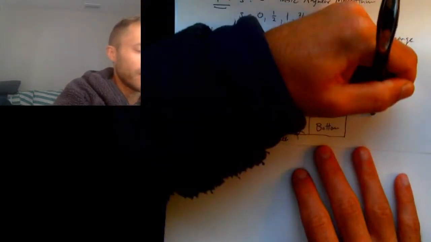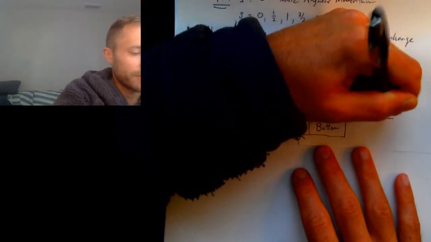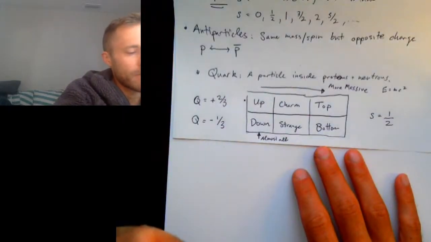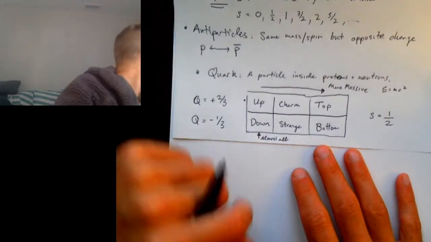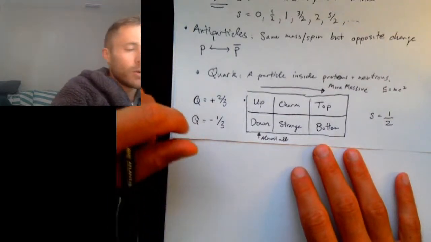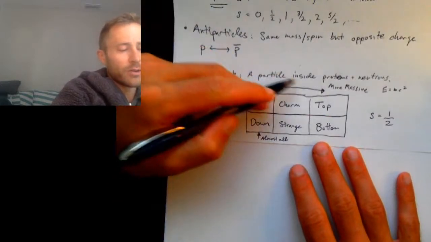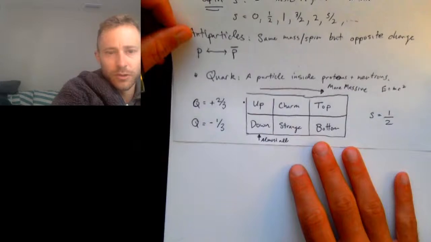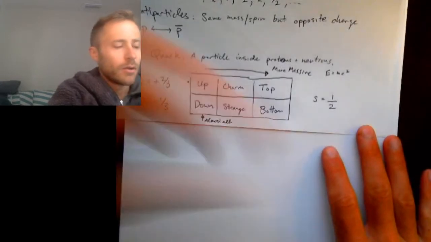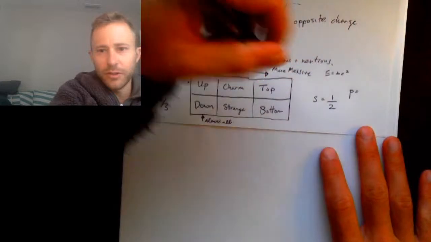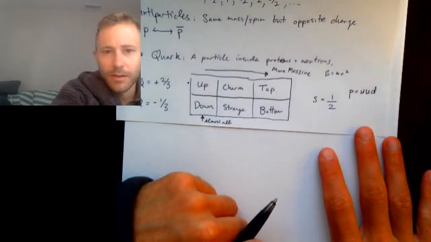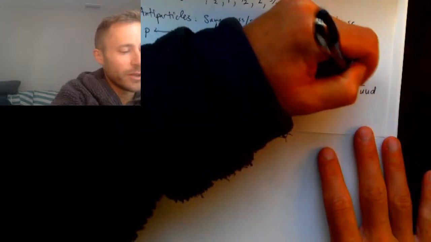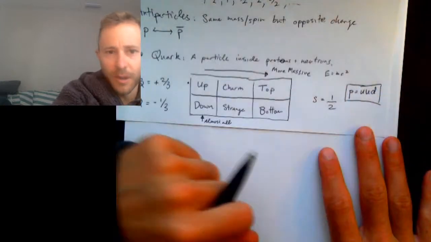Quarks have spin 1/2. Okay. Now, as I said, these are the particles that are inside protons and neutrons. So what is a proton? A proton, it turns out, is an up quark and another up quark and a down quark bound together. So a proton is an up, up, and a down.